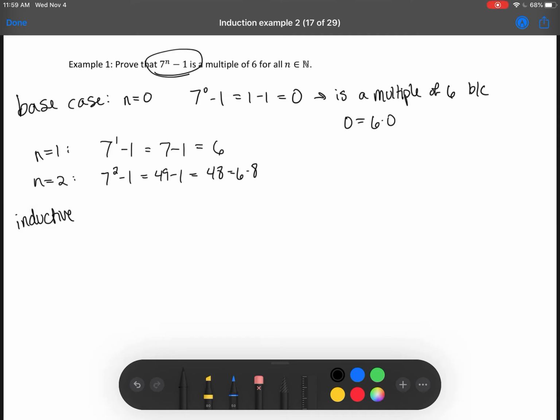All right, so next we move on to the inductive case. We get to assume that the statement is true when n equals k. I forgot to write our statement up here.